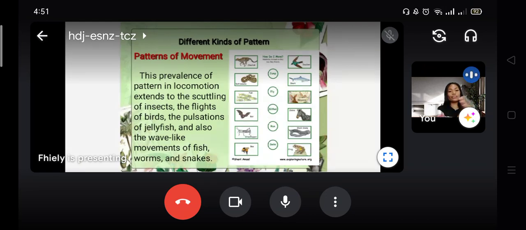That is why it is a wave-like movement and belongs to patterns of movement. Even birds flying are different from swimming. Every animal has a different style of movement, so it is also a pattern.